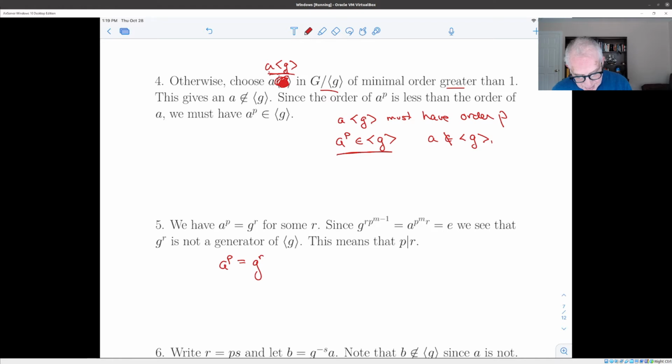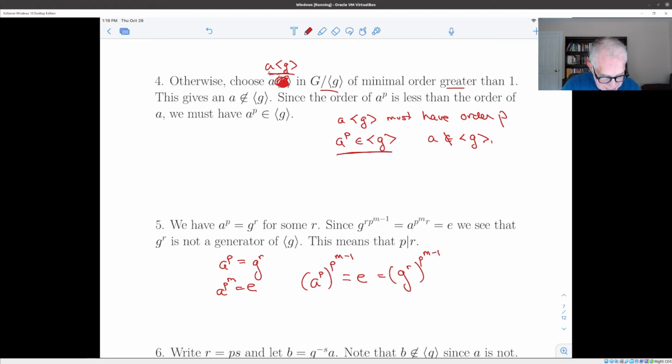And if you now raise, remember we know that any element has to be the identity. So if you raise A to the P to the M minus 1, that has to be the identity because it's A to the P to the M, but it's equal to G to the R to the P to the M minus 1, which is G to the RP to the M minus 1.